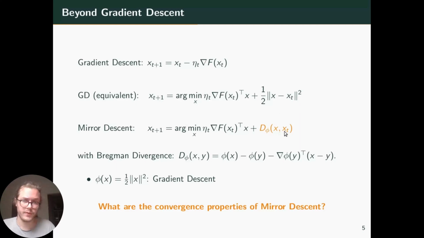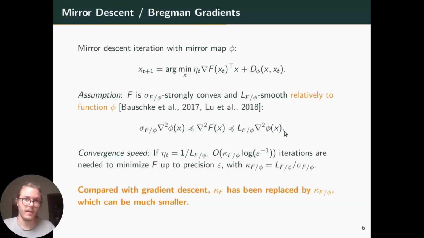So what are the convergence properties of mirror descent? Well, suppose capital F is sigma f of phi strongly convex and L f of phi smooth, relative to the function phi. This relative regularity just means that the Hessian of capital F is lower bounded by sigma times the Hessian of phi, and upper bounded by L times the Hessian of phi.